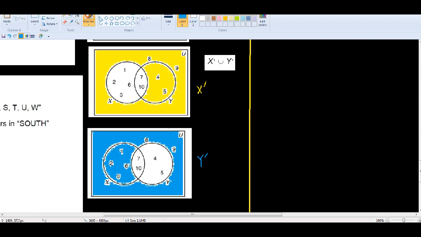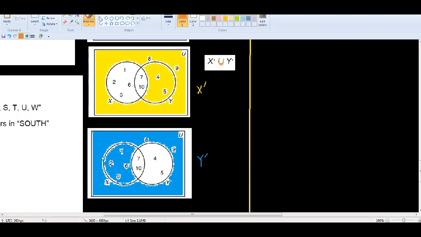Remember, you need to collect all the data in either not in X or not in Y. So it's quite complicated. Simply put, you need to collect all the elements in the yellow shaded area or the blue shaded area, to make a union.